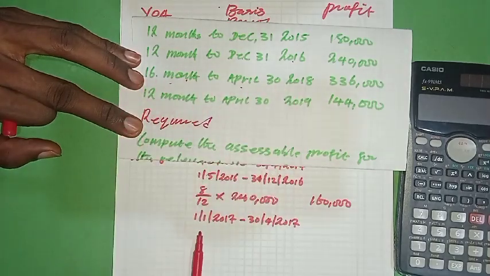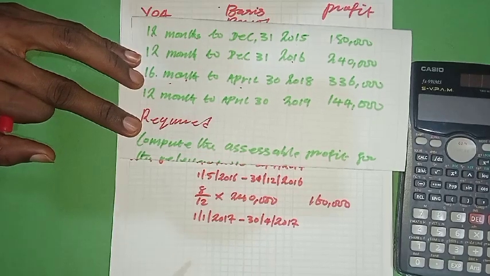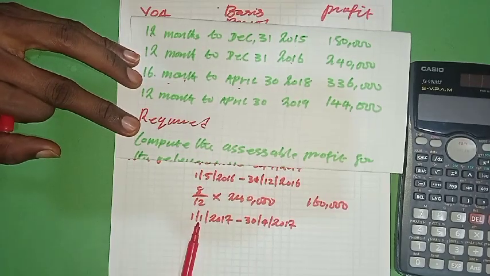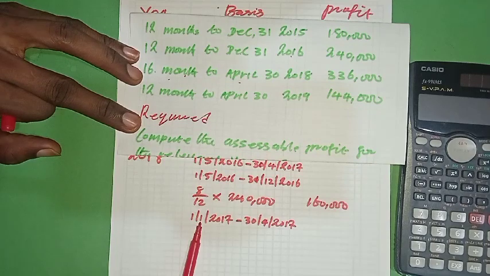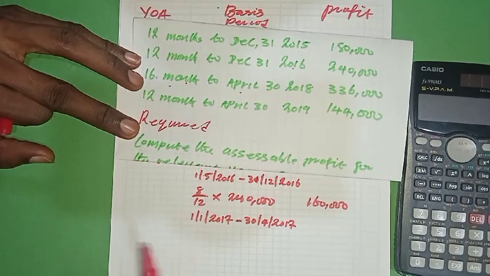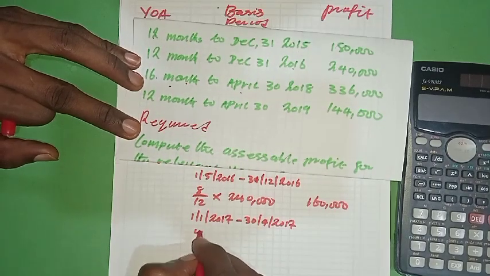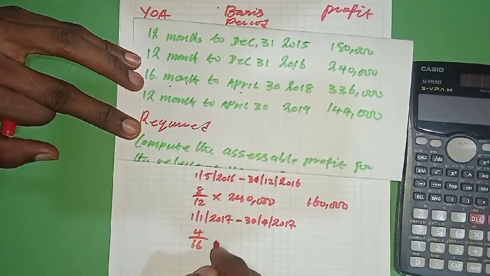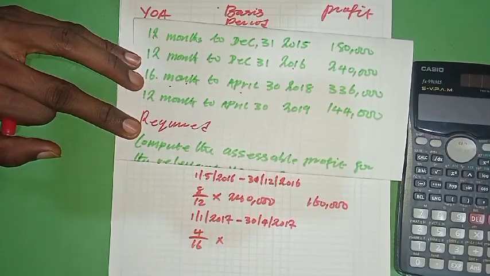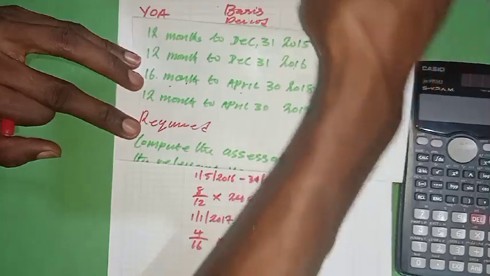And we are looking for 1st January to April 217. From 1st January to April is 4 months. So here we will say 4 divided by 16 times, hope you are seeing it.